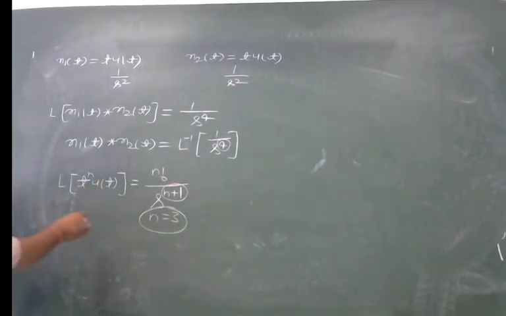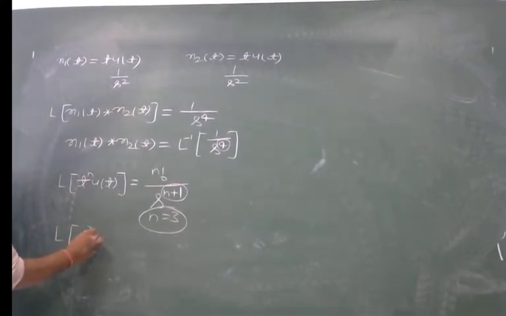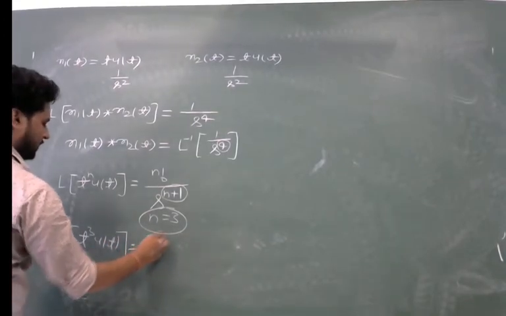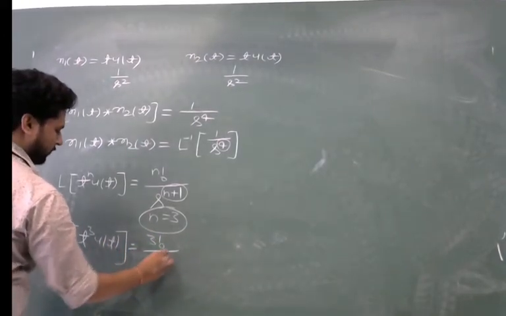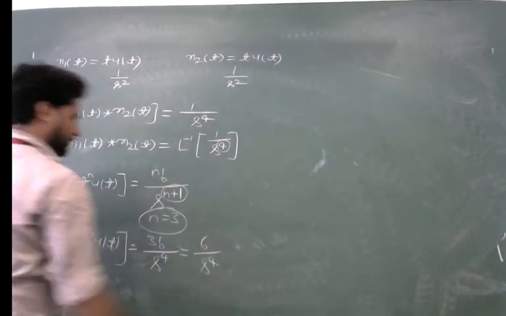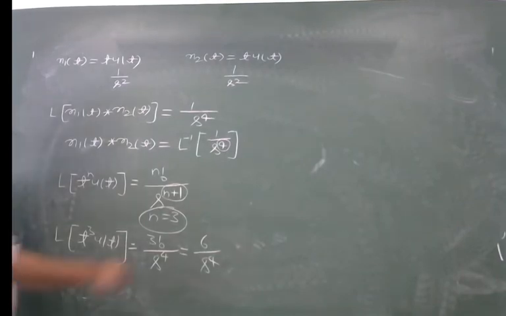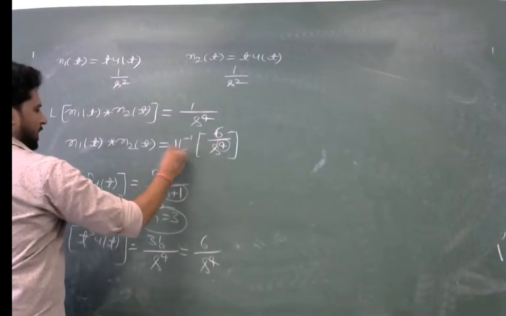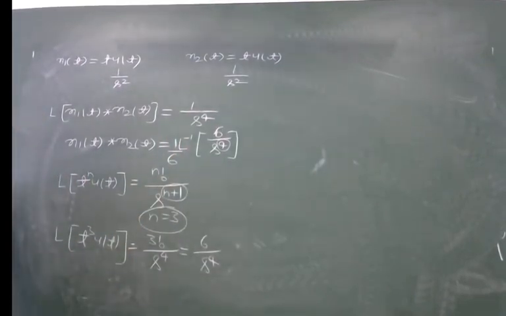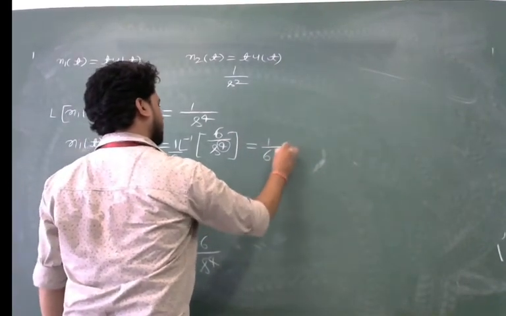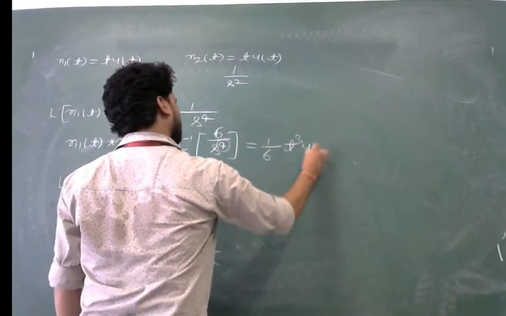Means Laplace transform of t cube u(t) will be equal to factorial 3 upon s power 4, or 6 upon s power 4. For that purpose, we have to multiply with 6 in the numerator and divide with 6. Now this will become 1 by 6 into t cube u(t).